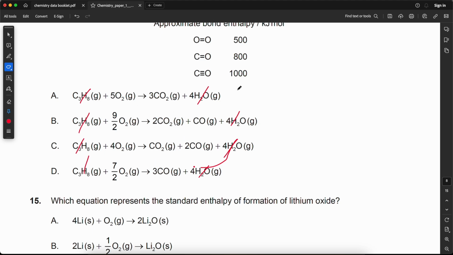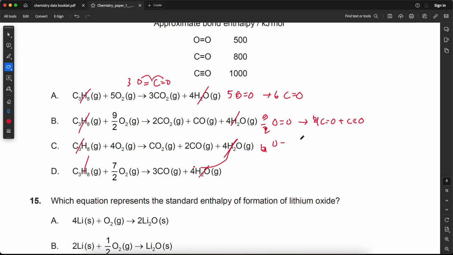What is left? 5 O double bond O becomes 6 C double bond O, because CO2, 3 times 2, 6. And for this one, 9/2 oxygen becomes 4 C double bond O, C triple bond O.